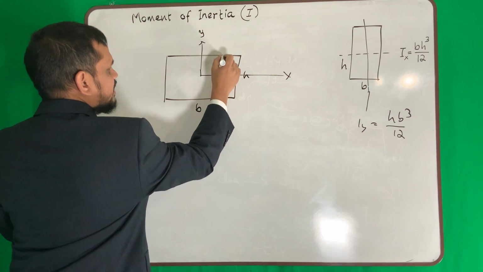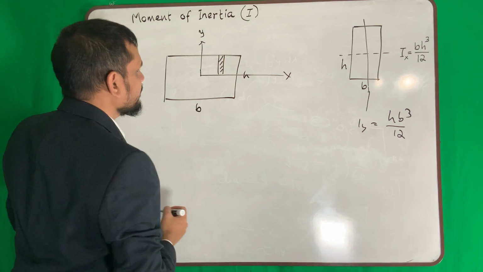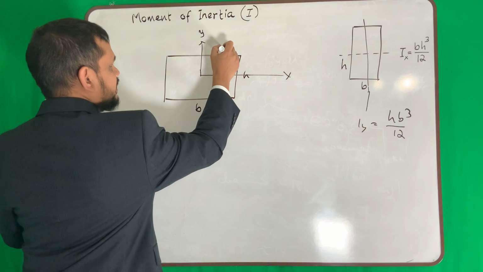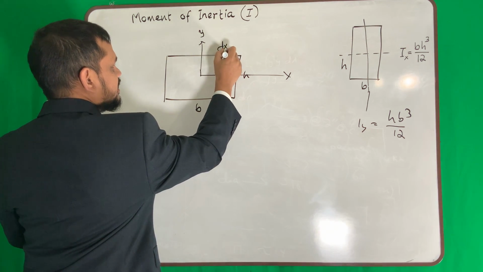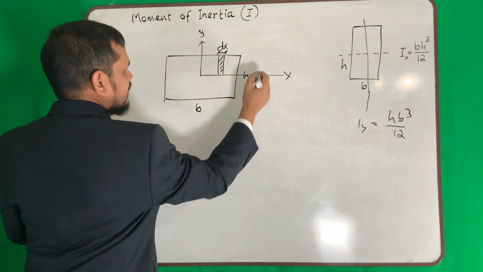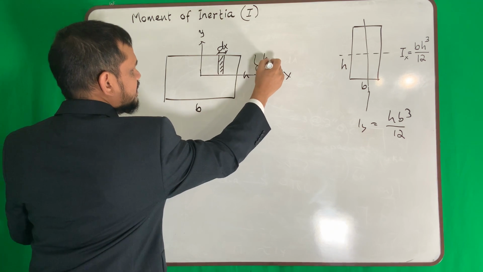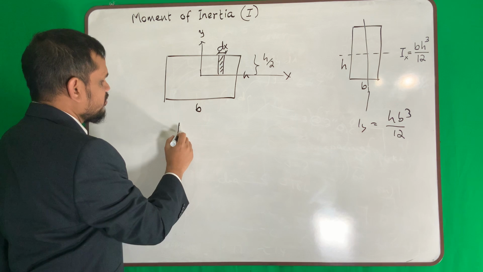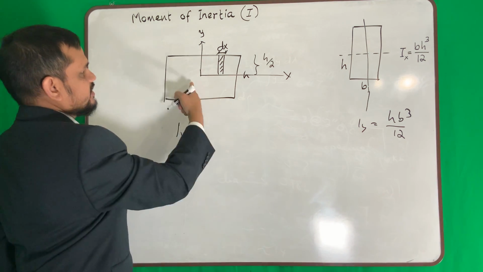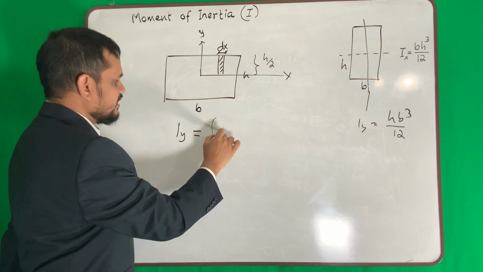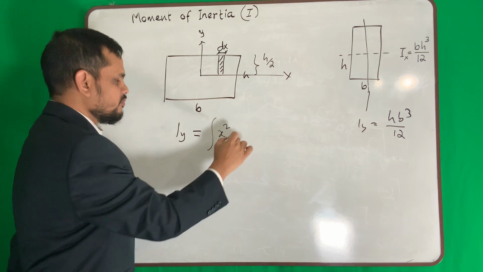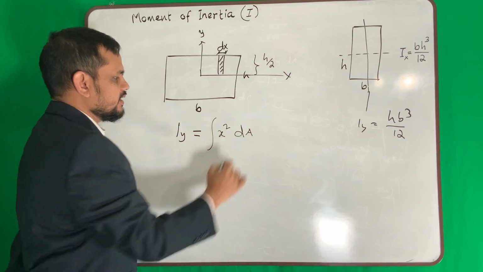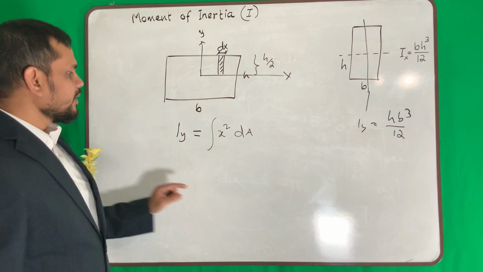Say I have a small area here, this portion is dx, and here to here will be h over 2. Now, if I want to find moment of inertia about the y-axis, what we learned is the second moment of the area.